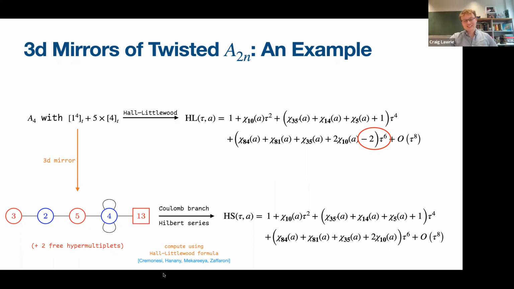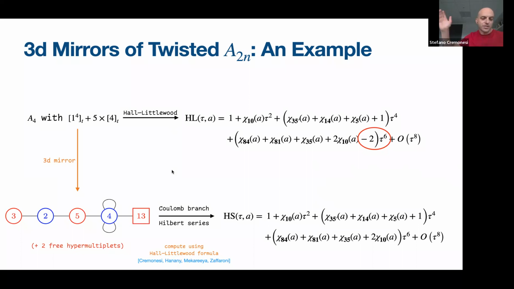I don't think so. If there is, I'm also showing my ignorance. My current understanding is that there is the nice Hall-Littlewood formula, which is unrelated to the Hall-Littlewood index.